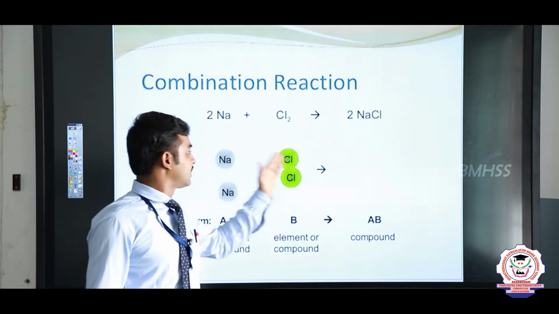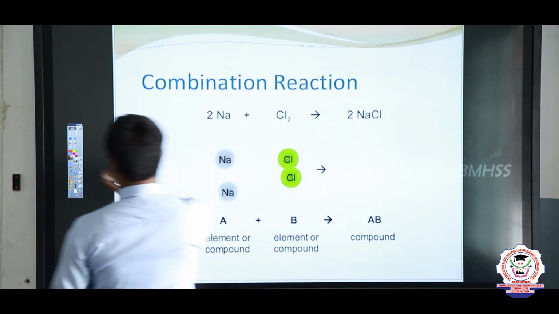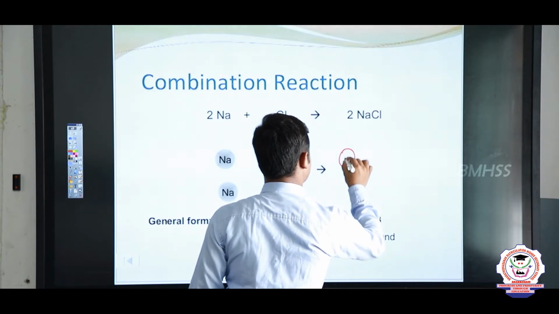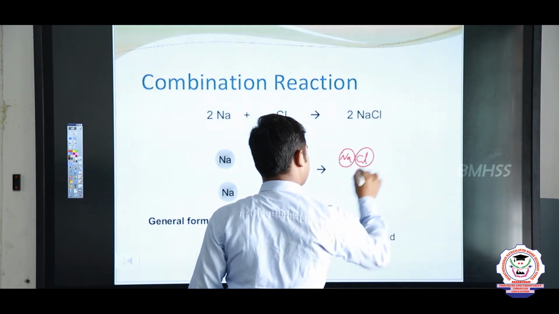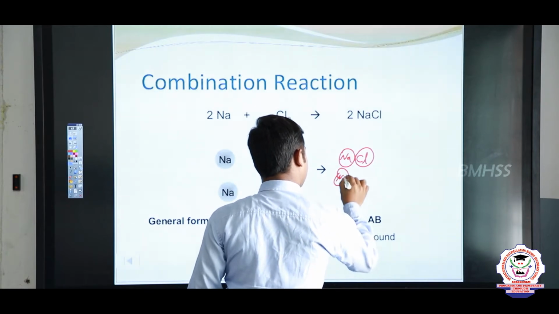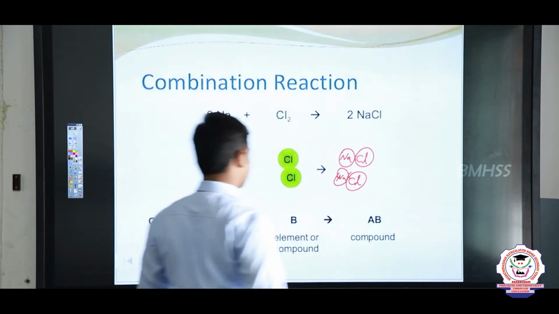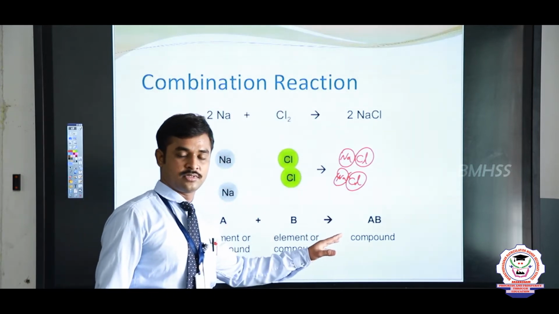So, chlorine reacts with the sodium to form sodium chloride, NaCl. Na and one Cl, another Na with another Cl. So, 2 moles of sodium chloride are produced.